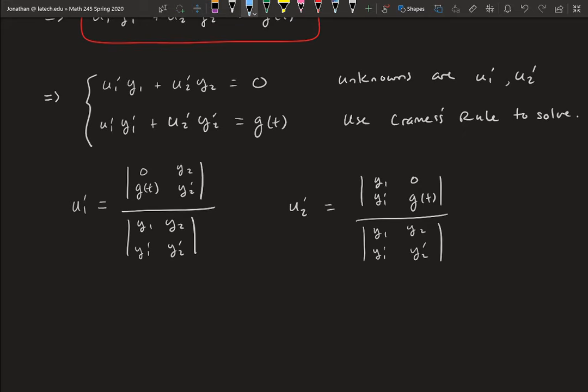What is that denominator? That's really just a Wronskian. So the denominator is just the Wronskian.